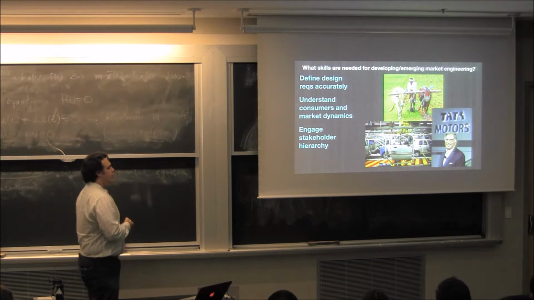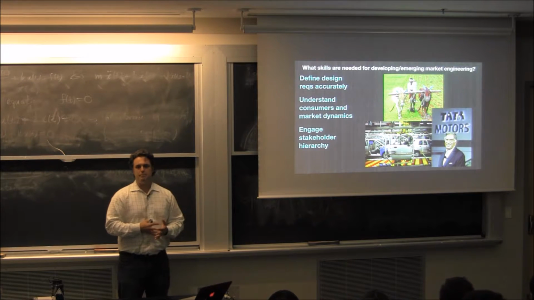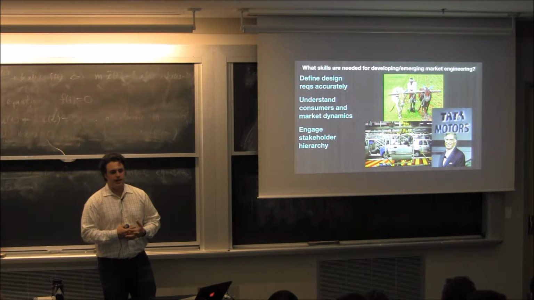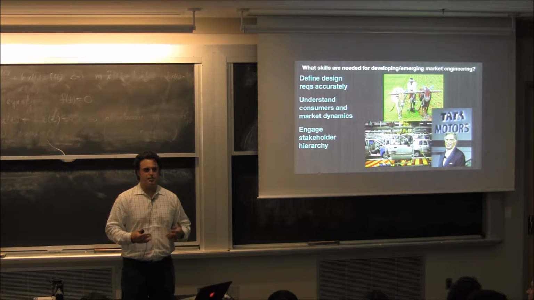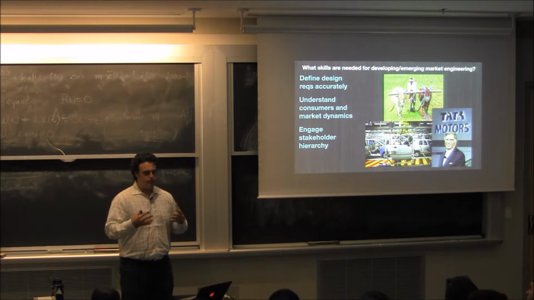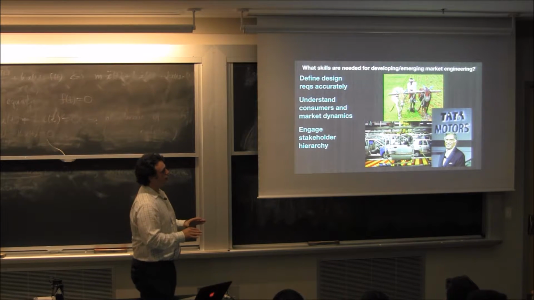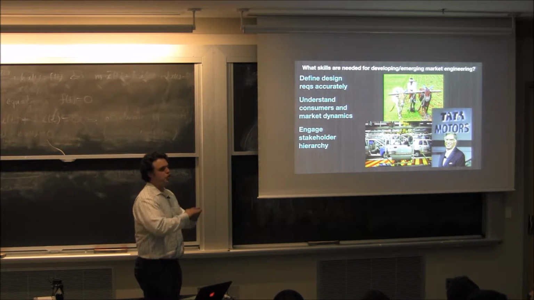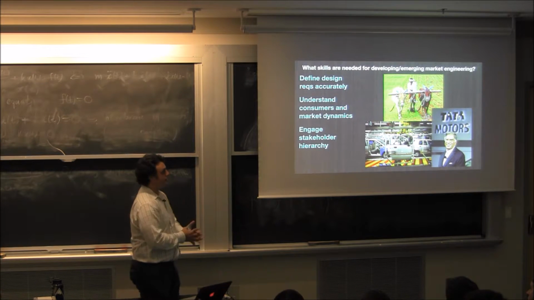Another point is thinking about the entire ecosystem of stakeholders that might be around a technology. You guys have probably heard the term user-centered design, human-centered design. Those ideas really focus on the end users, which is great. But typically with products in any market, there's a whole chain of stakeholders whose needs you have to satisfy for a product to be successful.